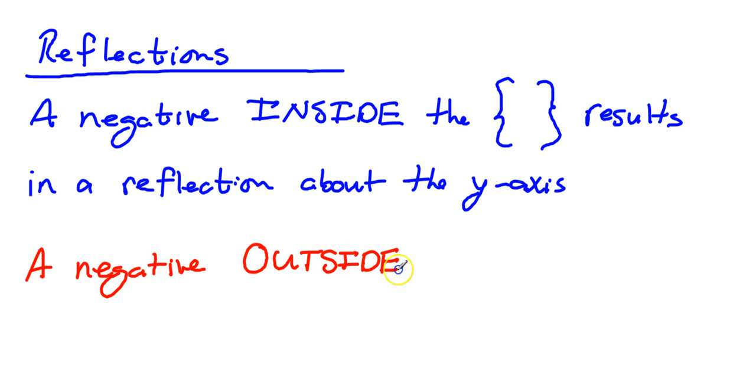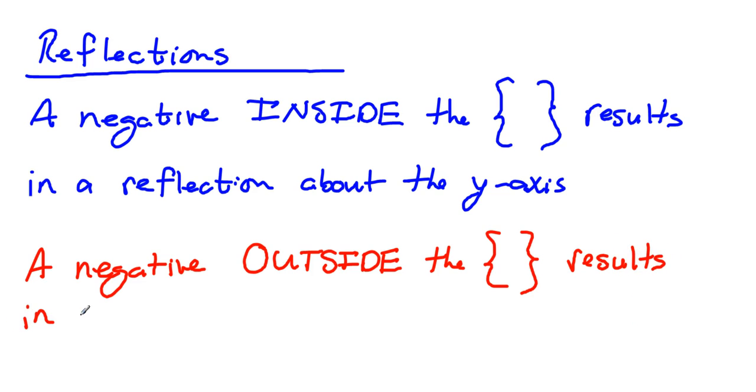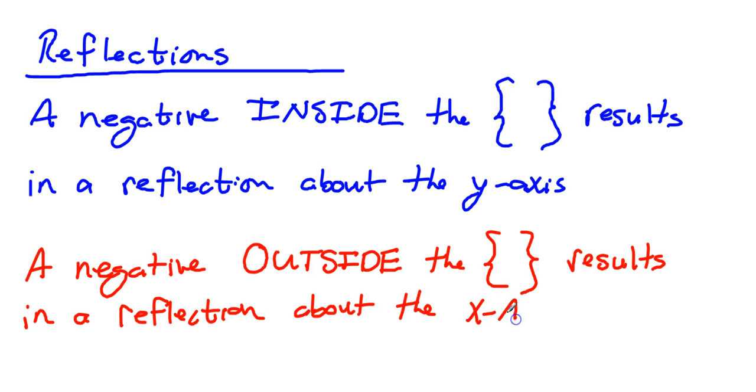And if you have a negative outside of, again, the fill in the blank of those three things, it's going to give you a reflection about the x-axis. So where everything is tells you what it's going to do.